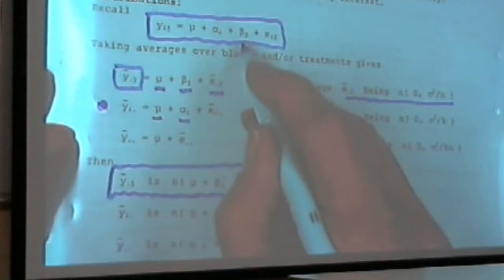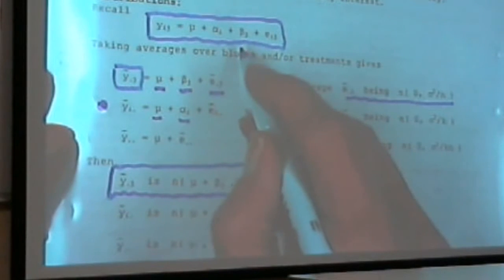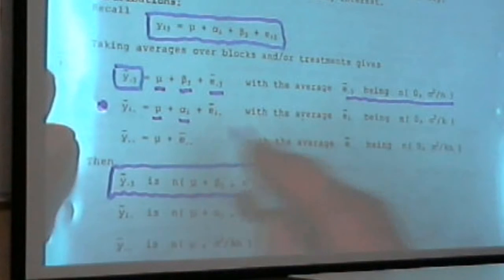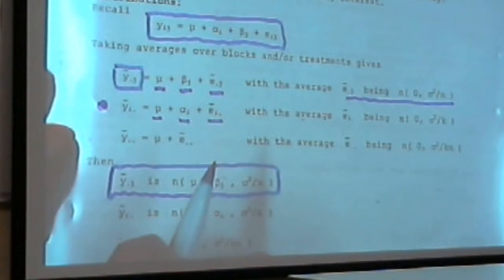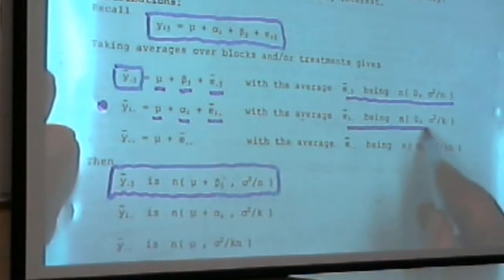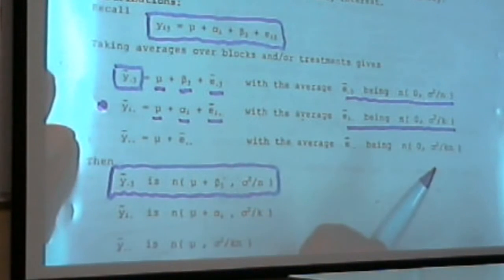The beta j's are going to zero out because the sum on j of the beta j's is 0. So that's the side condition on the beta j's, dropping those out. And then I get an E bar I dot left over on the far right. And again, I claim the distribution of that is just a sample mean, so quote the usual result. But the sample size there is k.